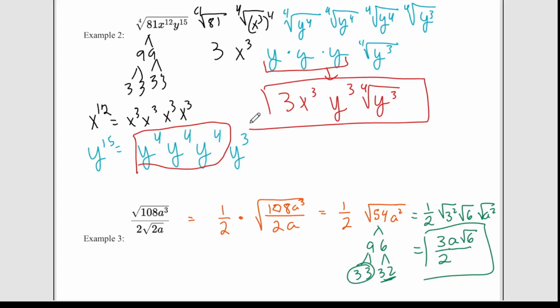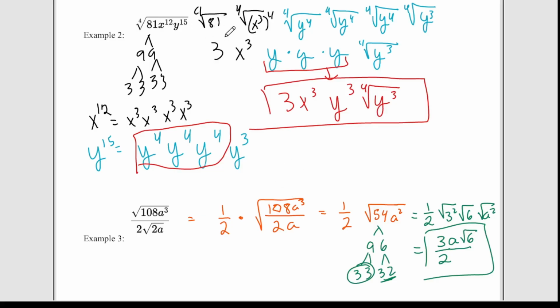Both of these are equally valid, just whichever way your brain tends to jump to would be what I would do. The second way is a little bit more systematic if you want to do it that way consistently, or the first way is fine too. The first way comes from directly doing that exponent divided by the index on the root. The second way comes from conceptually breaking down whatever that initial exponent is.